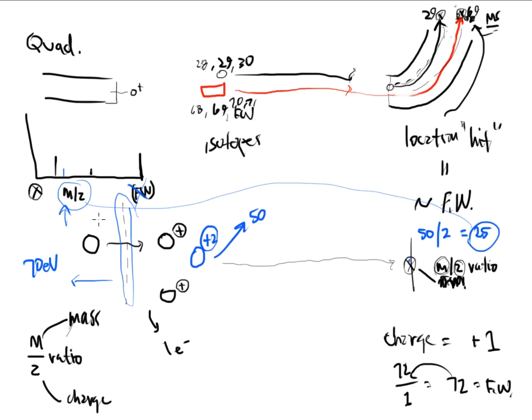Now, recording the spectrum. We have 2 options here. The first option is what we would call a normal mass spectrum.